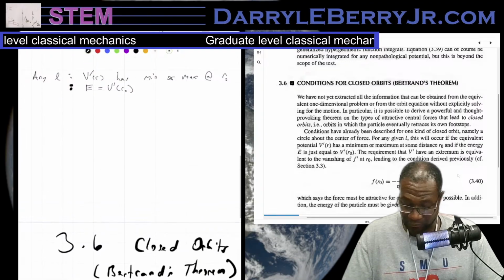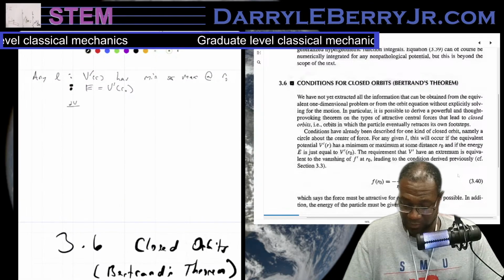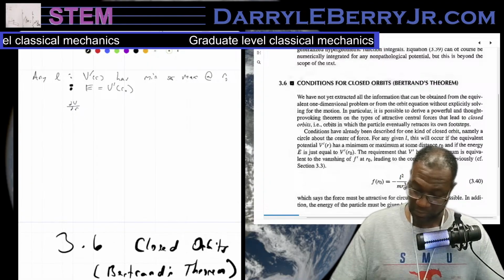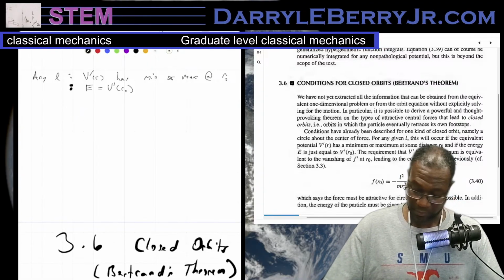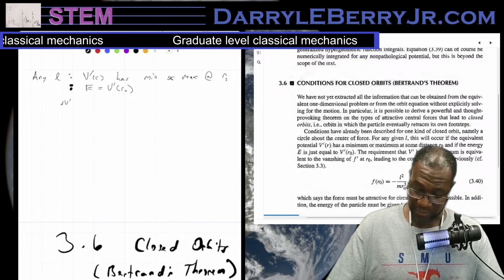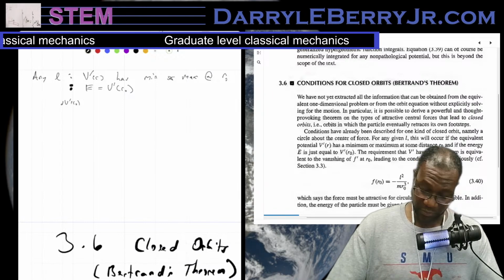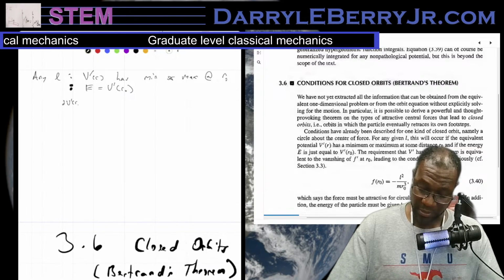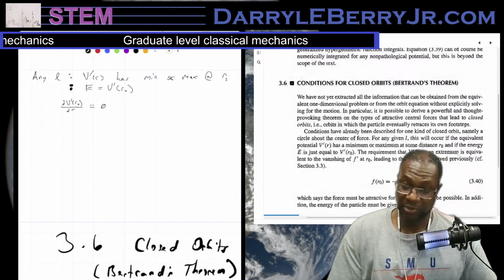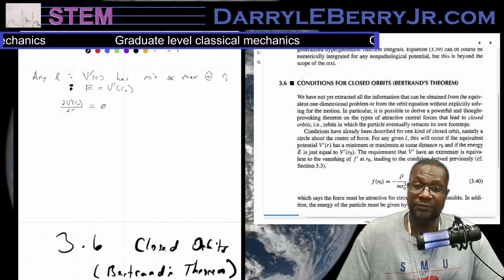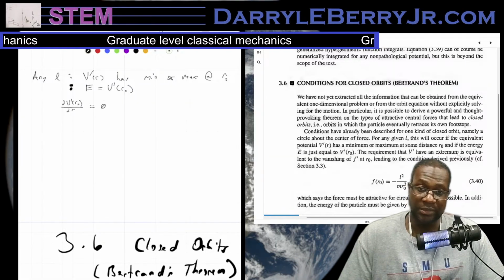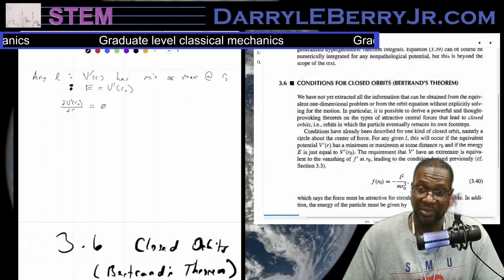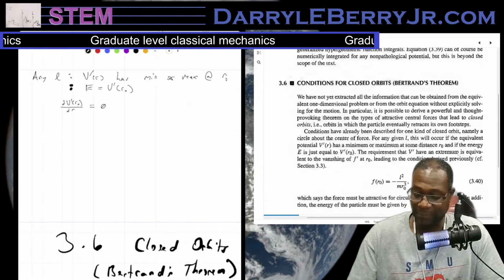So that means that the partial of V prime at R naught over partial R equals 0. So that means that there's a minimum or a maximum. We know from our calculus that if you have a minimum or a maximum, the first derivative is 0 at that point, meaning the slope is 0 at that point.